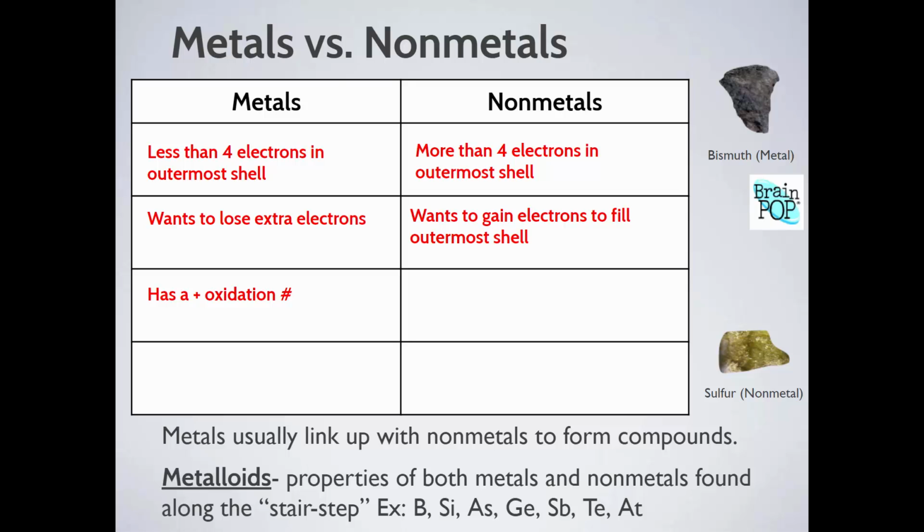Nonmetals have a negative oxidation number because they're missing electrons.